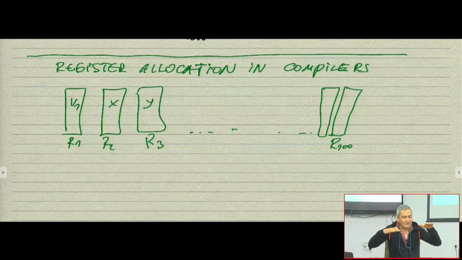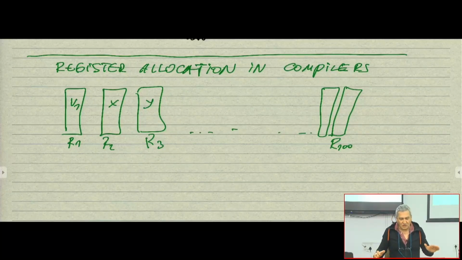And so at different times, the register will be assigned different variables. Now some variables are in conflict, like they can be accessed at the same time. So if two variables can be accessed at the same time, you cannot assign them to the same register.